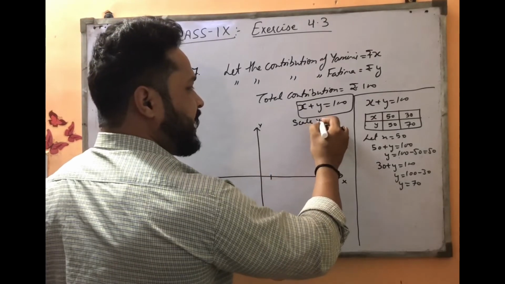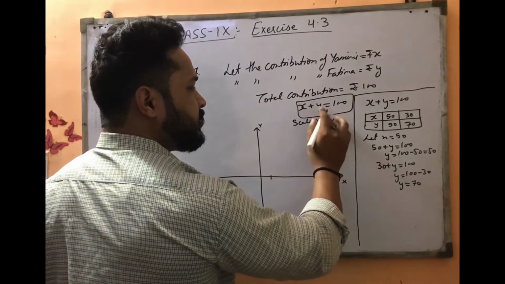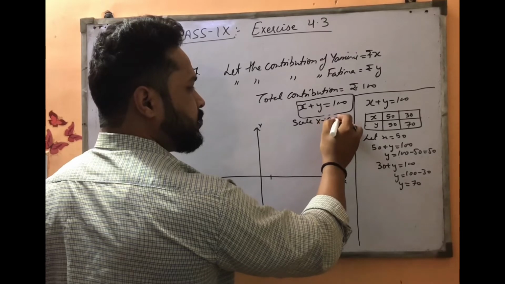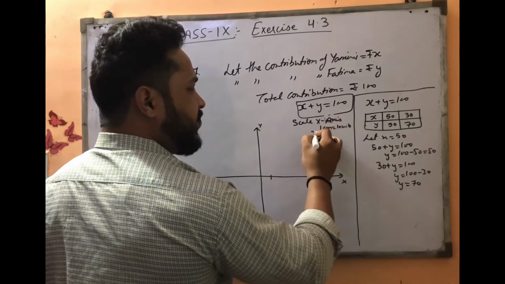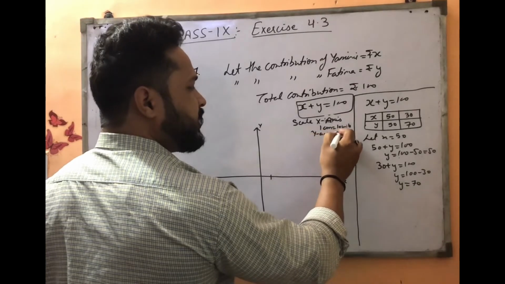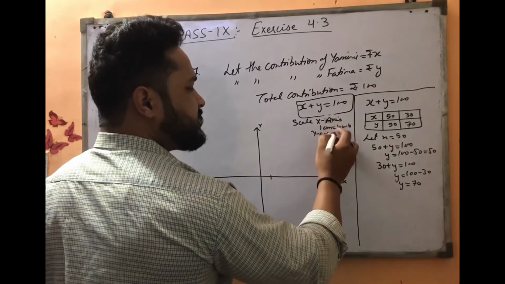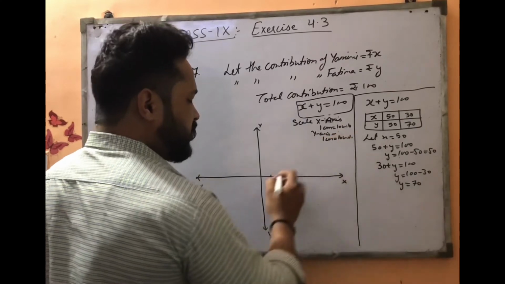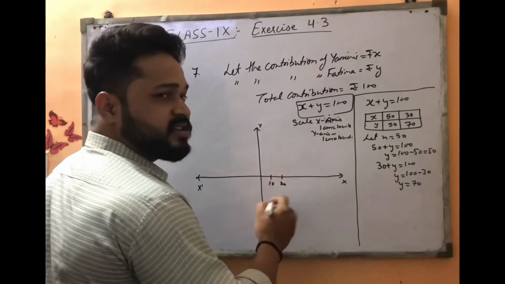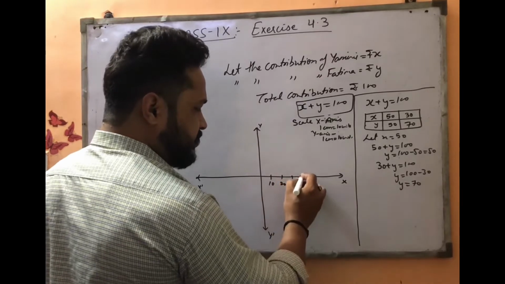On the x-axis, 1 centimeter is equal to 10 units, and on the y-axis also 1 centimeter is equal to 10 units. Why? Because we can take a 10-unit difference to make a graph.